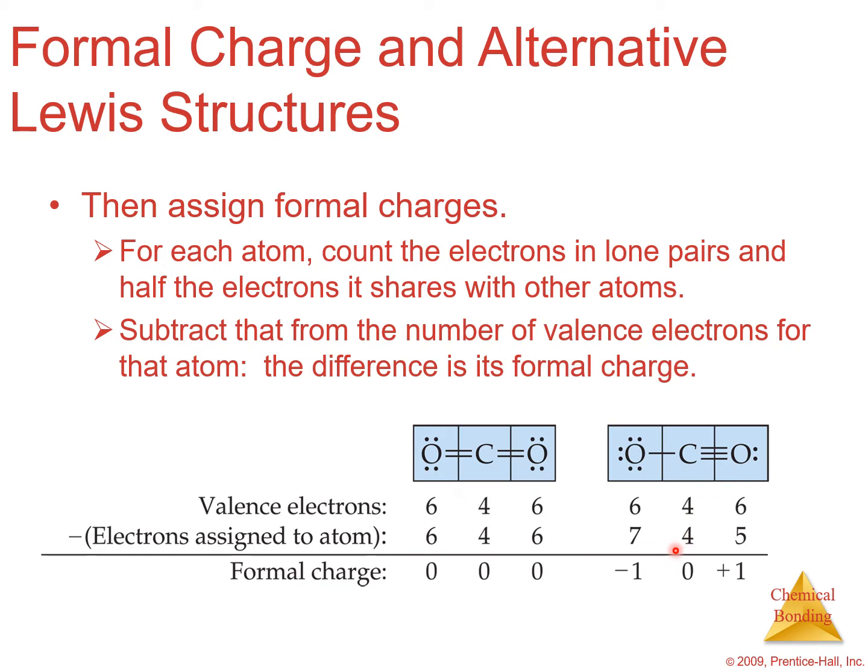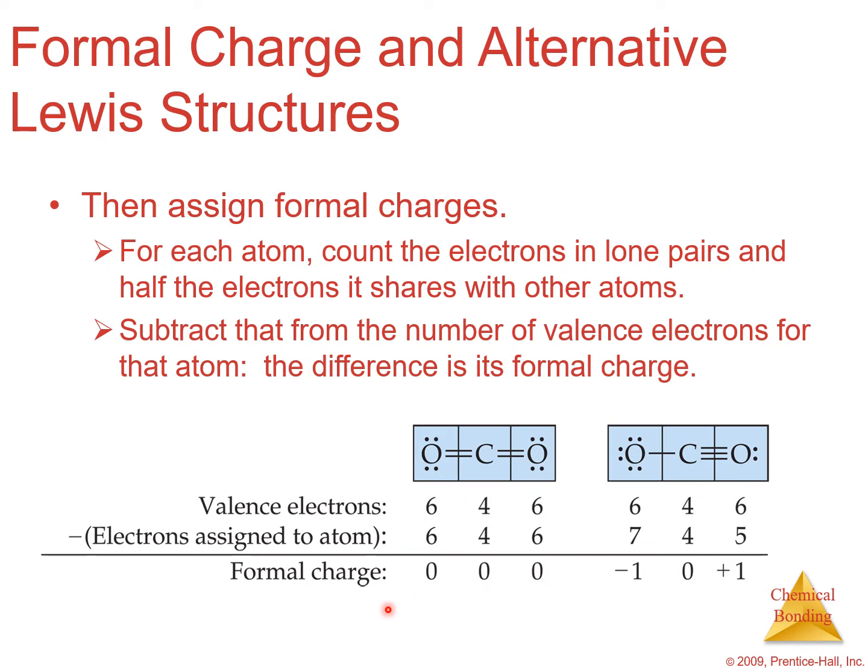How do we decide which of several Lewis structures is the most important? One approach is to do some bookkeeping of the valence electrons to determine the formal charge of each atom in each Lewis structure.